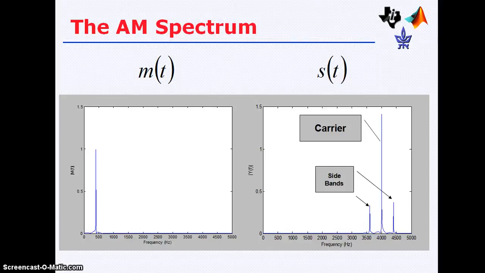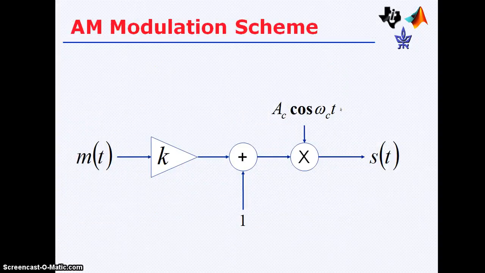We have one central frequency, as shown in the slide, 4000 Hertz, and two sidebands, one lower sideband and one upper sideband. The lower sideband is at 3500 Hertz and the upper sideband is at 4500 Hertz.